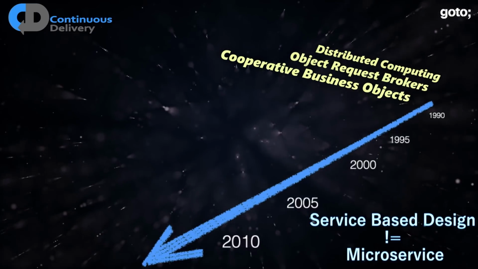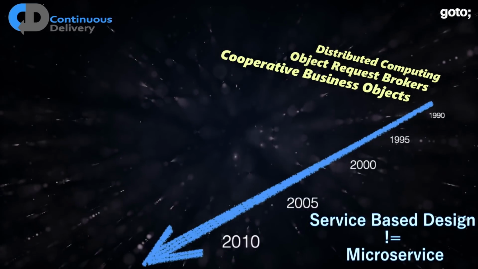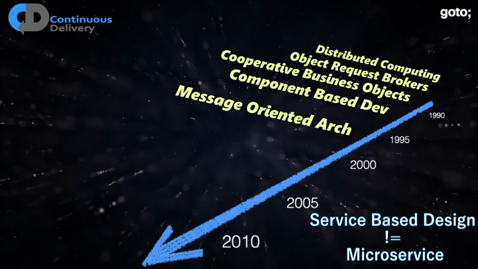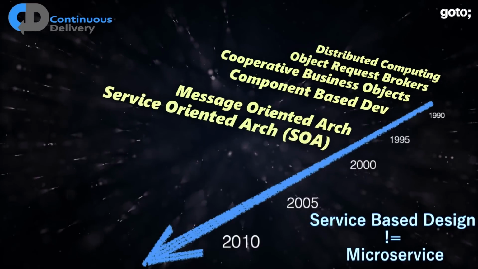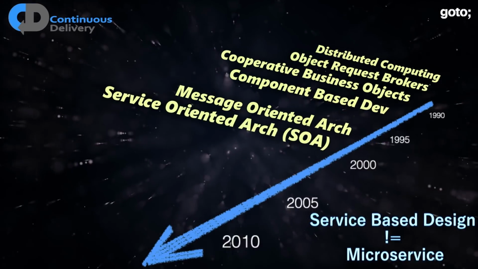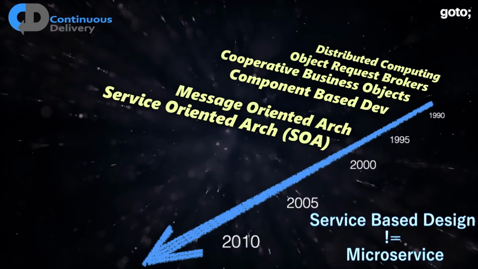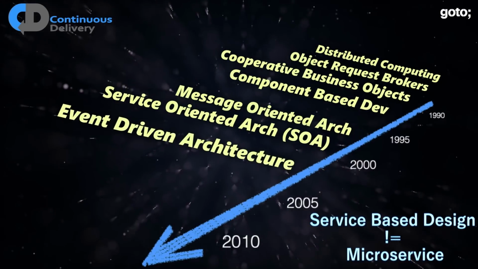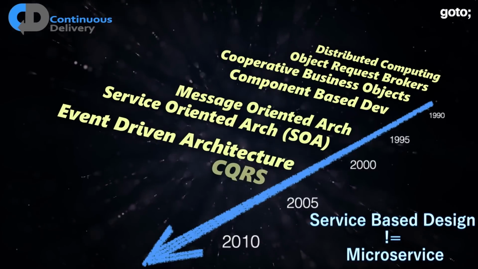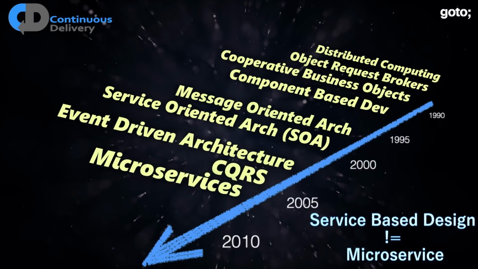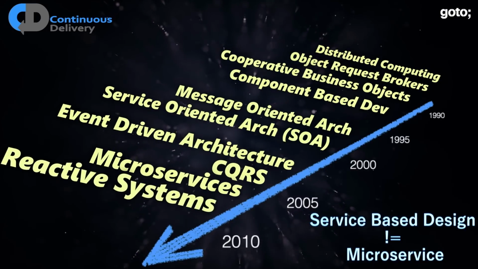I then moved on to bigger commercial systems, working on component-based systems, message-oriented architectures. Service-oriented architecture came in at the beginning of this century and became more popular. And then I moved into building high-performance systems based on event-driven architectures, sometimes using patterns like CQRS, microservices, and ending up with something that we called reactive systems.